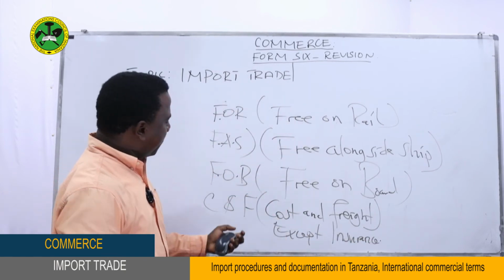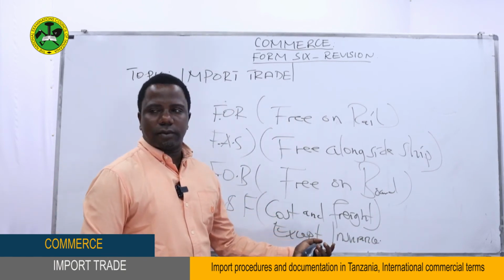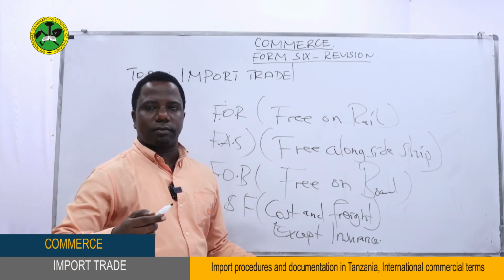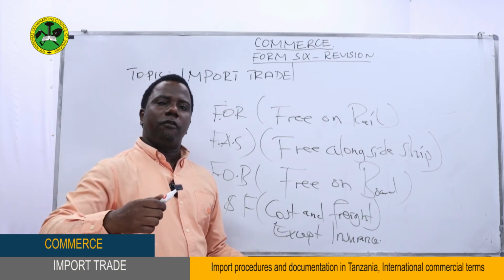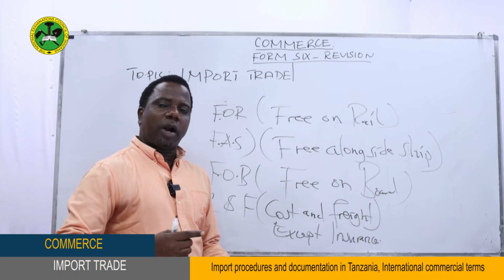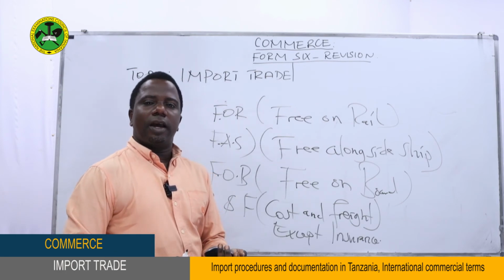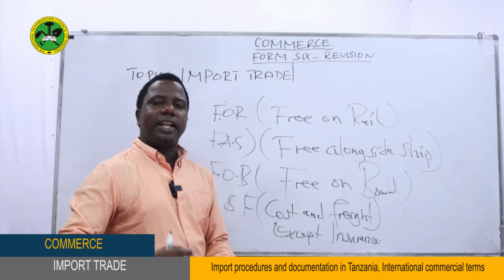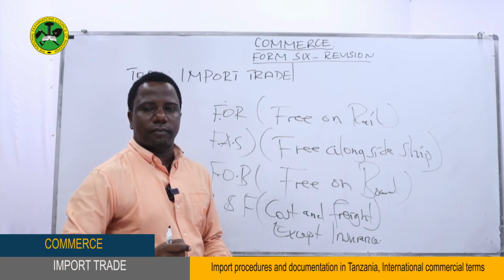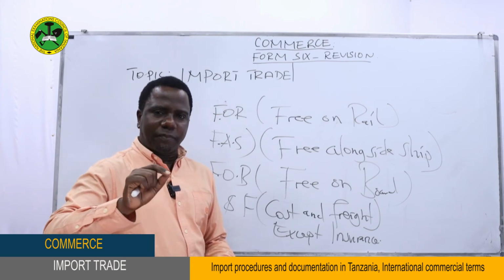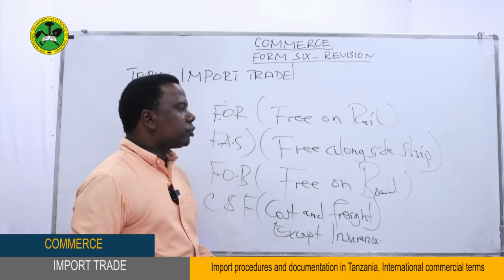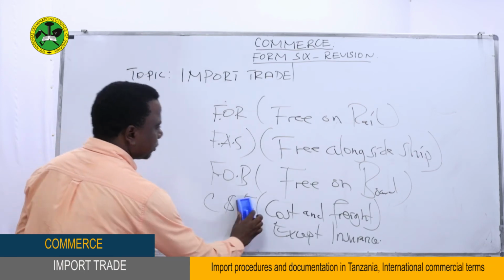So the price which was paid covers all those costs. So it's the duty of an exporter to cover the carriage costs, loading costs, and the freight costs, except insurance.